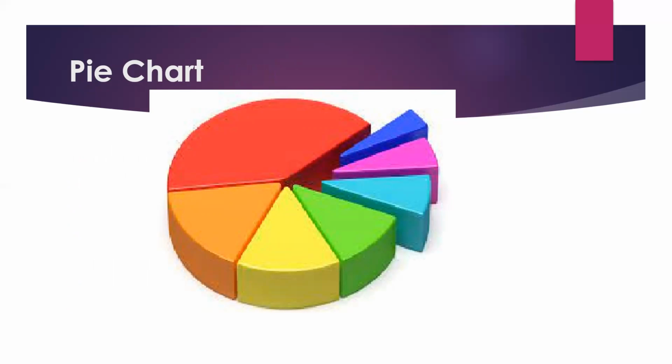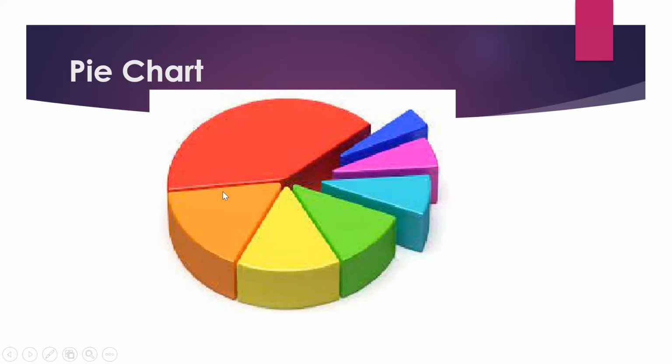Pie chart. The pie chart displays data in a comparative manner. It includes the sizes of things that made up of data series. That made up of for what? Data series.